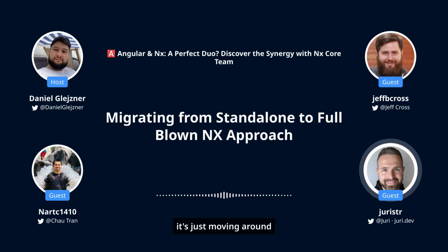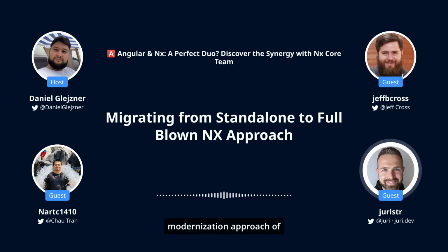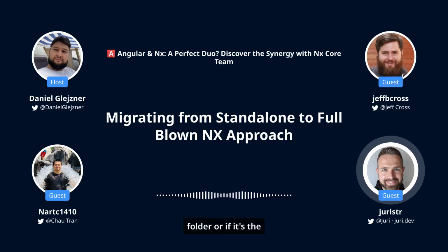Because in the end, it's just moving around files, right? If you have a libs folder ready because you're using the standalone setup with the modularization approach of local libraries, that is easy because you can just use the move generator and move it into a libs folder, or if it's already named libs, you're already good to go. The bigger thing is moving the source level root folder into its own application folder.